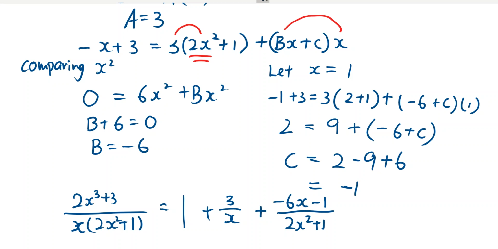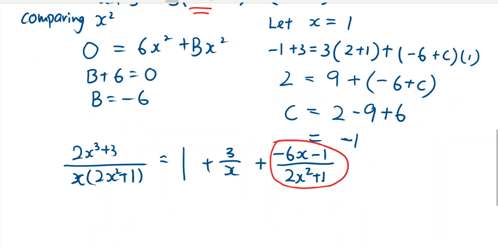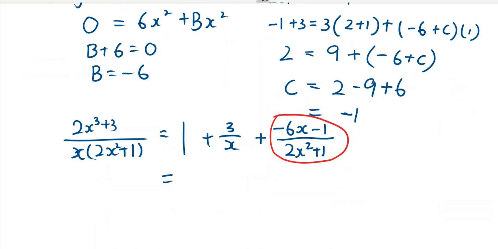We have two negative numbers here, so we would write it in a better form. So this will be equal to 1 plus 3 over x minus 6x plus 1 over 2x squared plus 1.